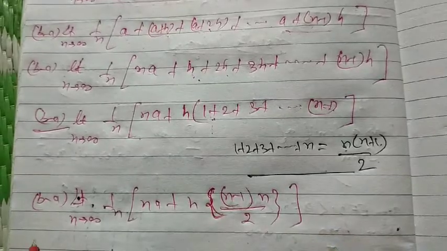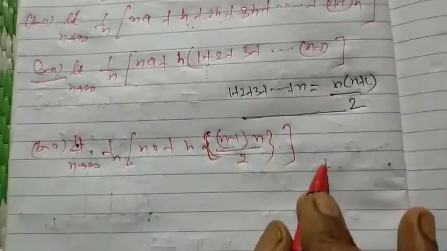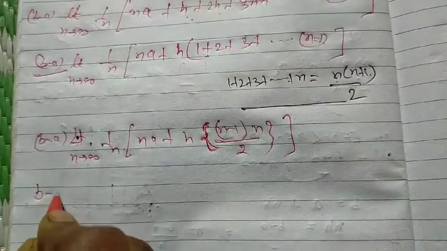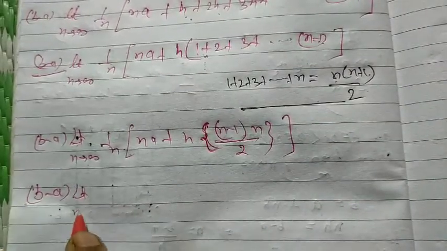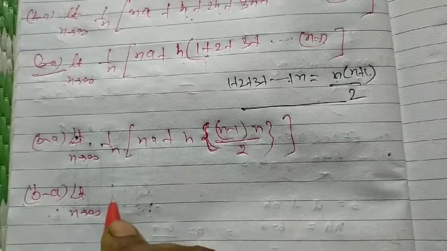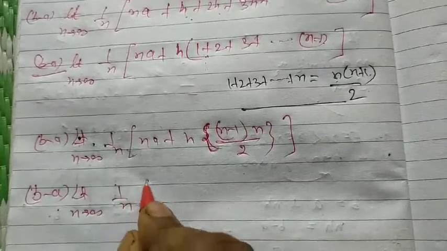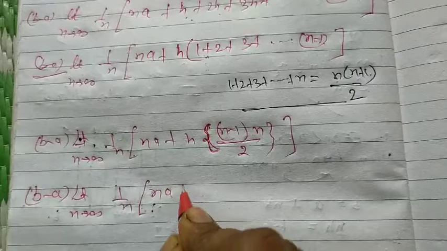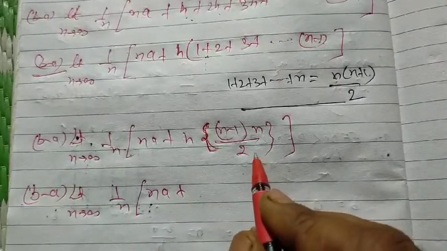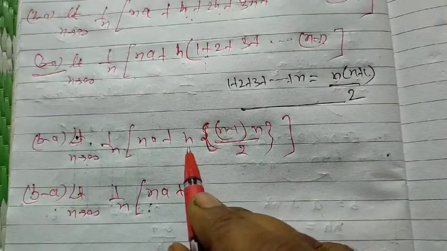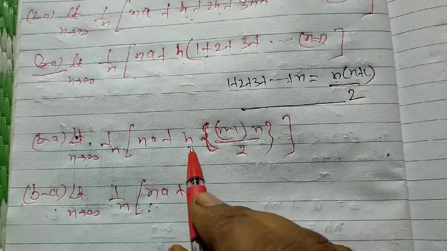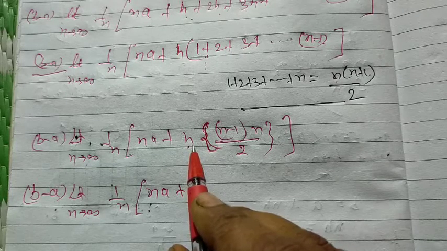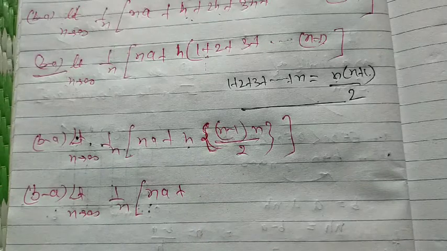Okay, once again, b minus a I have to repeat here, b minus a limit n tends to infinity 1 upon n, then here n a plus, here h is there. Okay, so can we write h as b minus a upon n?